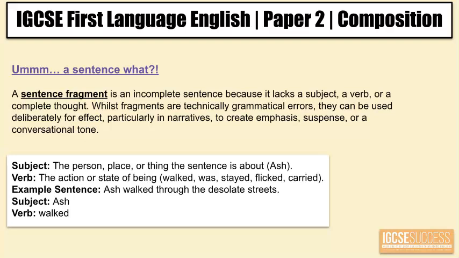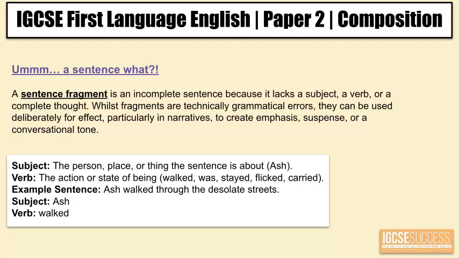This just means they are incomplete sentences, and generally speaking, I say generally, we should avoid using them. Unless we are using them for effect and we are using them sparingly. And in today's lesson, I'm going to show you how to use sentence fragments for effect.